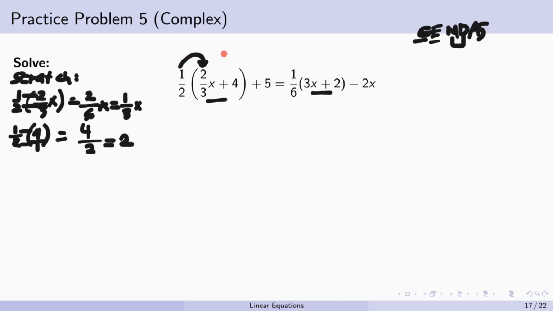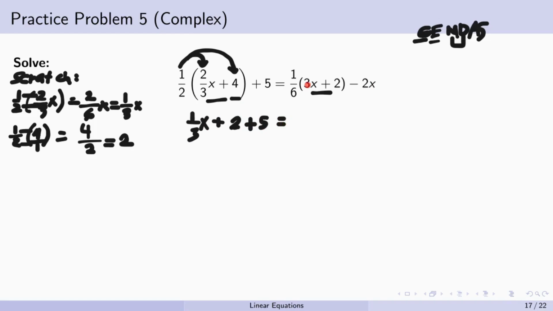That gives us the answer to the second distribution. Now we have 1/3 x, the answer for the first multiplication, plus 1/2 times 4 is 2. And then just copy the unaffected number, which is plus 5.